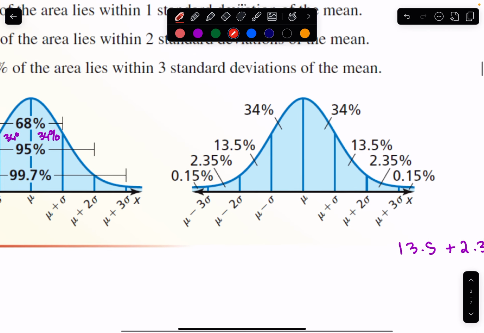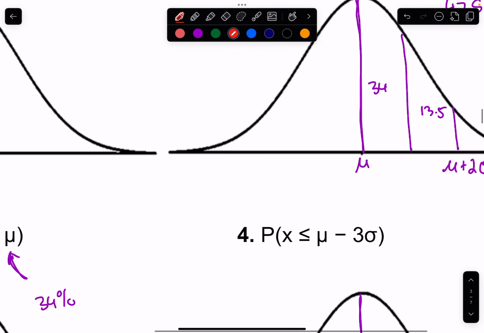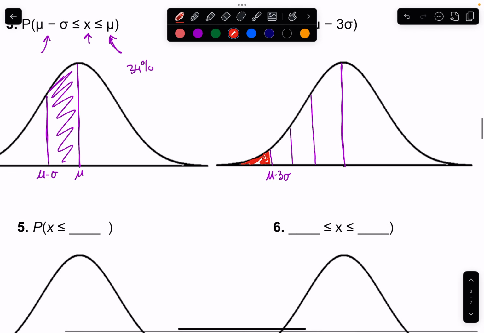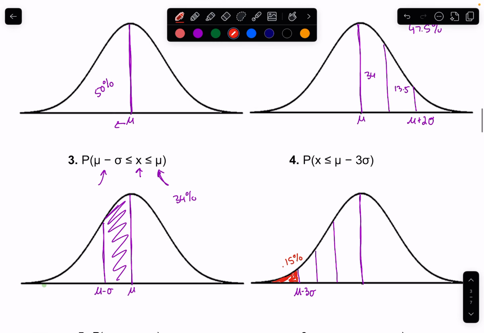So when I look at my chart, 3 standard deviations is here. So it just wants this teeny tiny piece of data. Well, that is 0.15%. So I go down to my graph and I say 0.15%. And that's it.